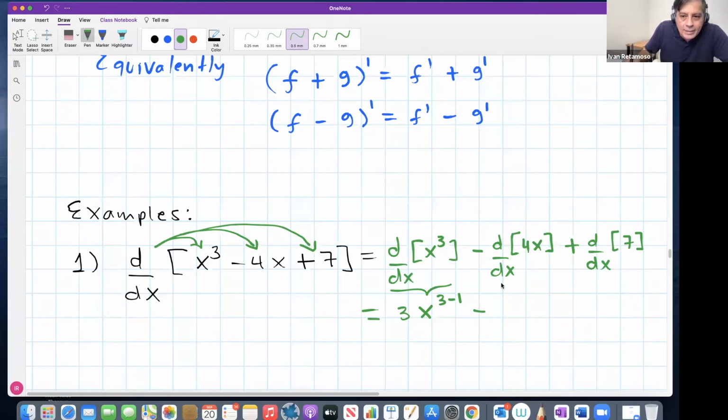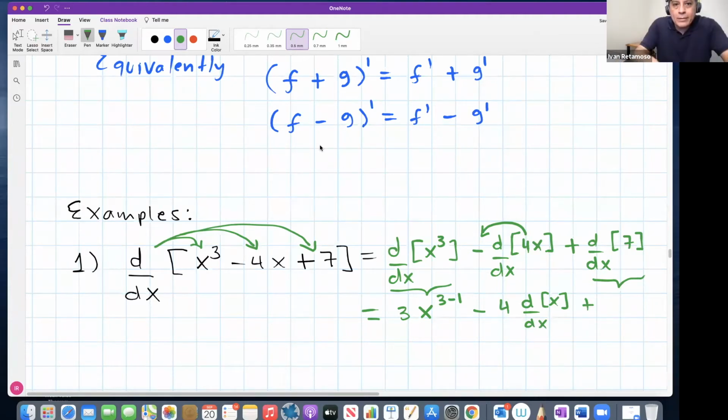We will compute it directly, right? Minus the derivative of this. This part, I see that there is a constant multiplying the identity function x. So I can say that this will be 4 times the derivative of the identity function x with respect to x plus this. Could anyone tell me what is the derivative of this constant function 7 with respect to x?